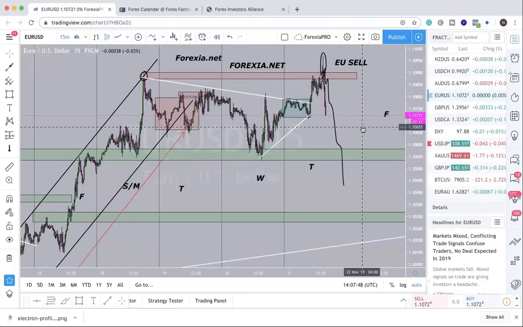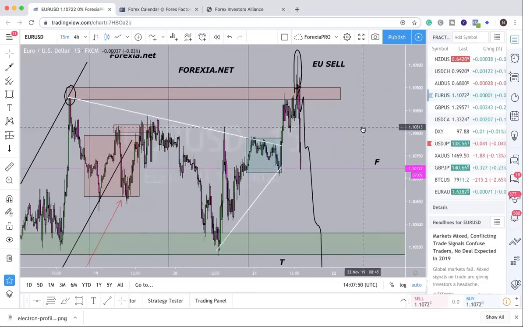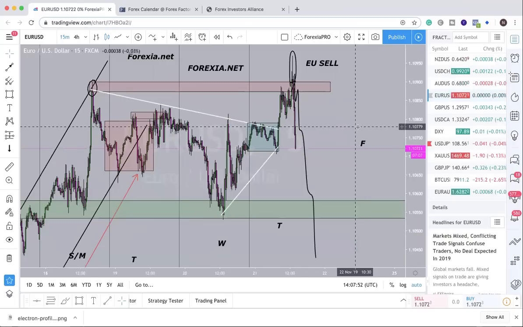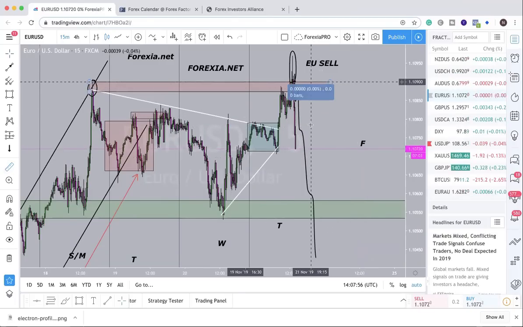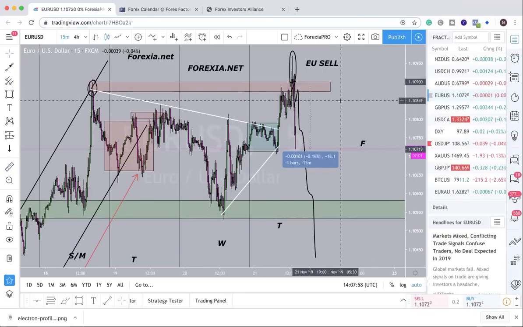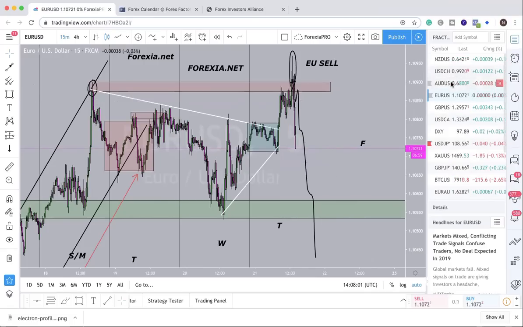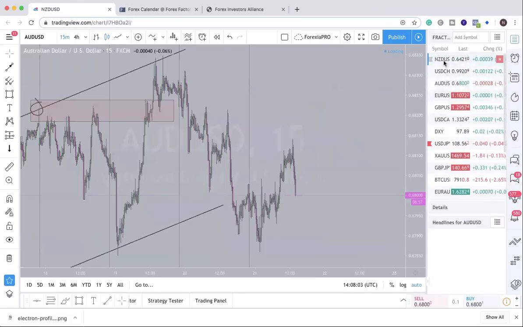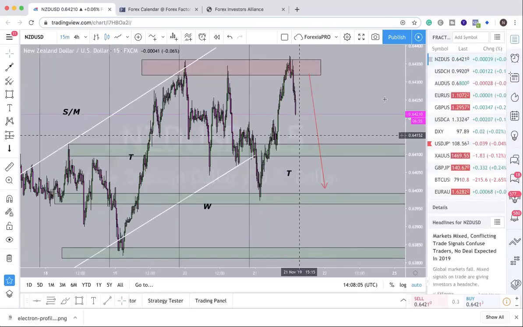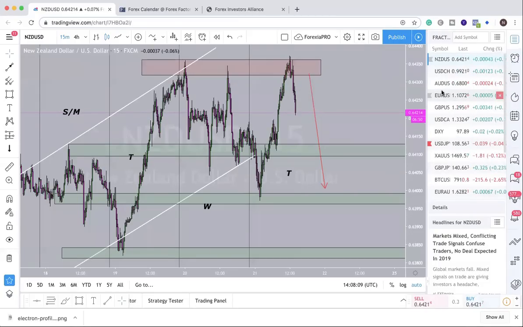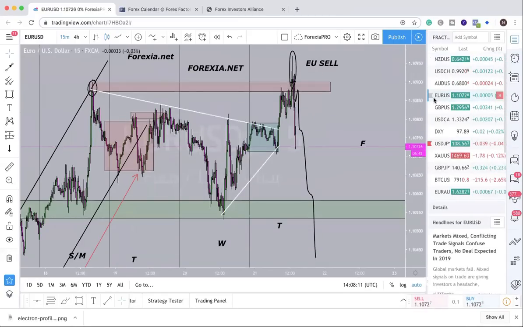Look at that, Euro USD. More pips. Drop, baby. Let's go.